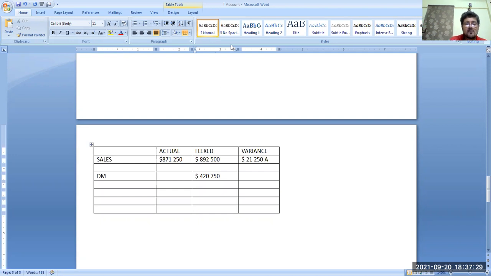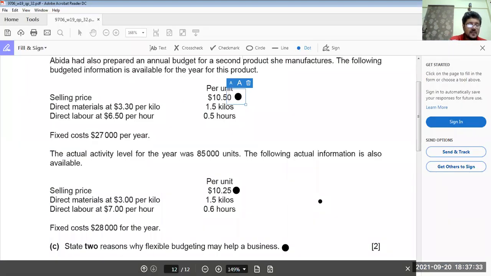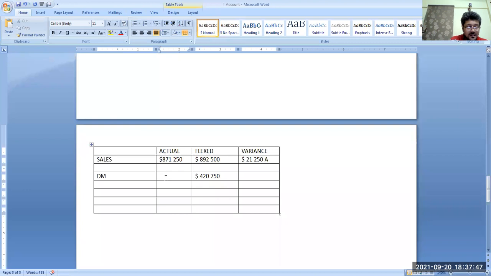But what actually happened? See, they have sold 85,000 units multiply by 1.5 kilo, but at the rate of $3, they have spent 382,500 actually.